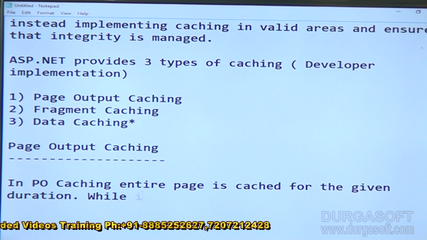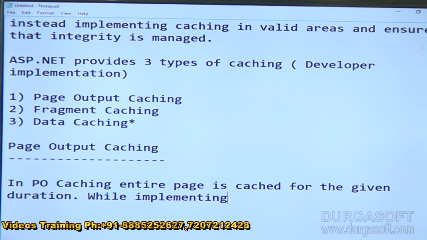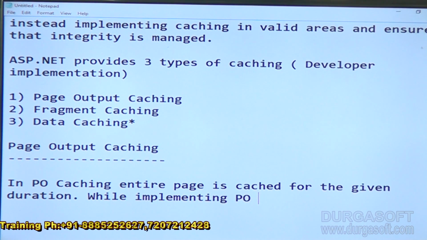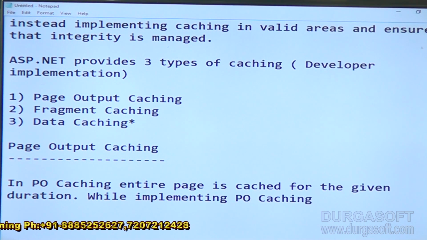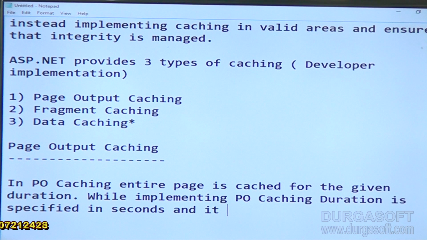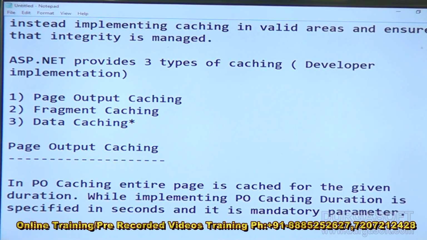While implementing page output caching, PO I am writing, is it okay all of you? While implementing page output caching, duration is specified in seconds, and it is mandatory parameter.